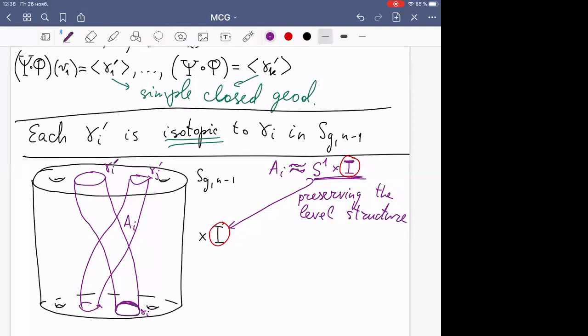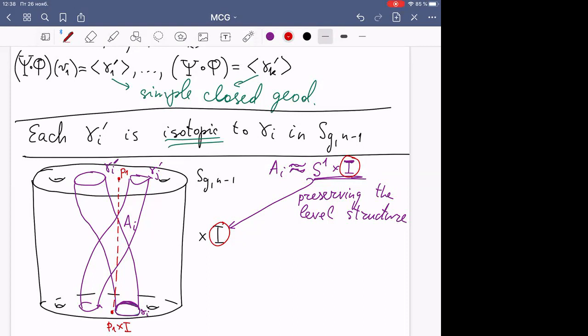And also one important thing is that besides them, I also have this segment P1 times interval. I have in mind this point P1, which will become a puncture.